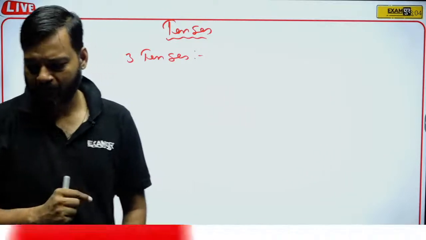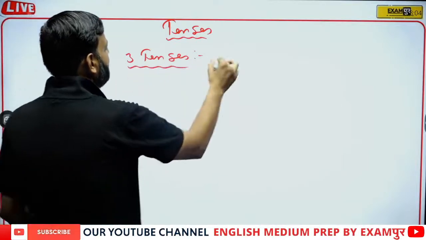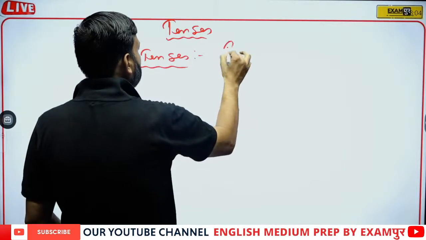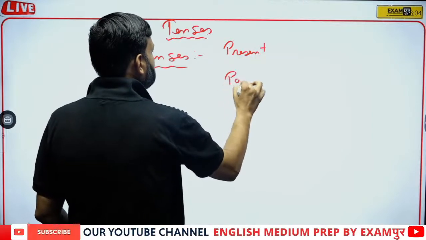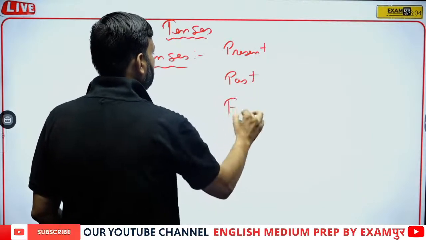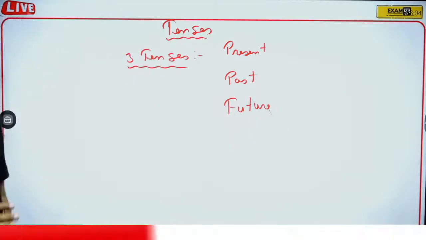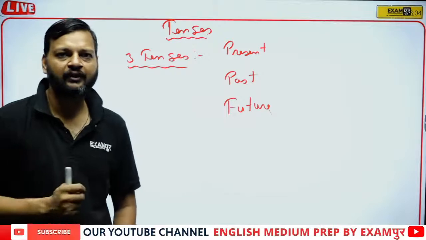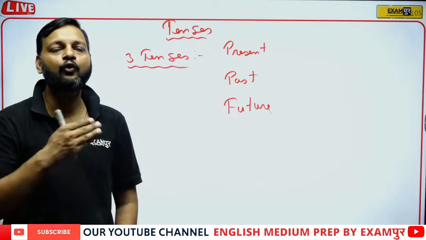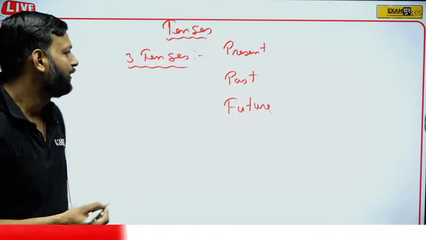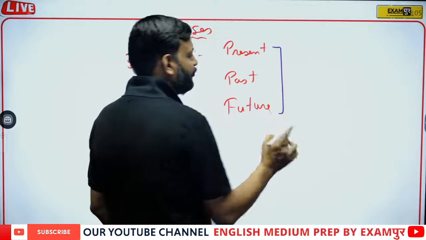So as we all know, there are 3 tenses: present, past and future, and these 3 tenses have been categorized into 4 further subcategories, you can say.